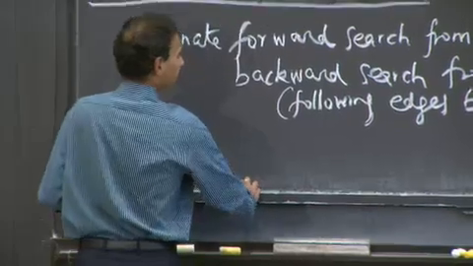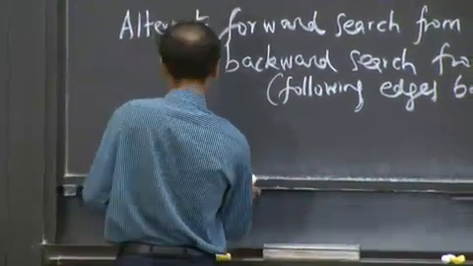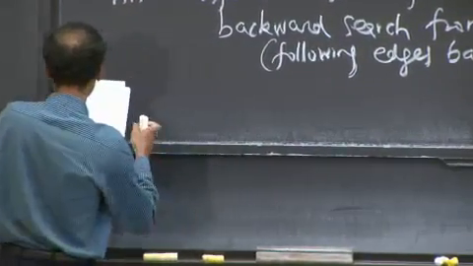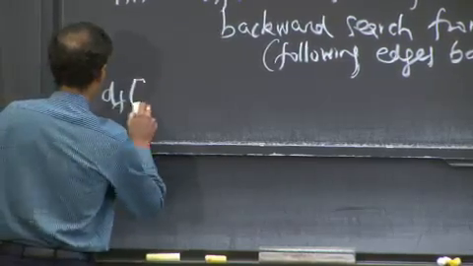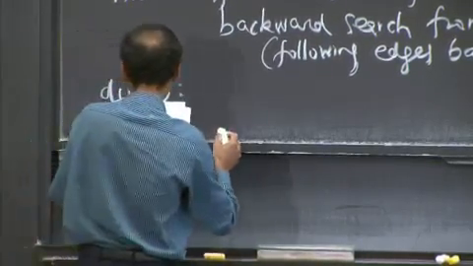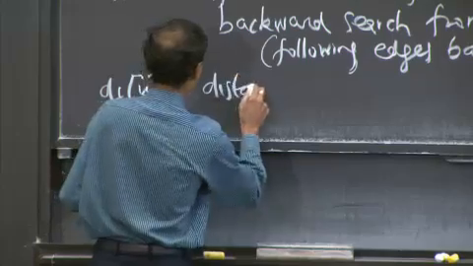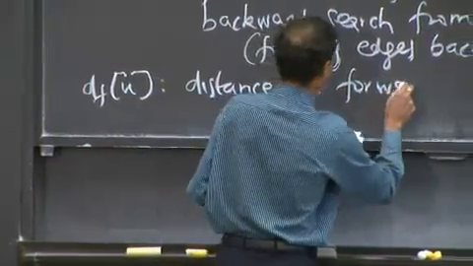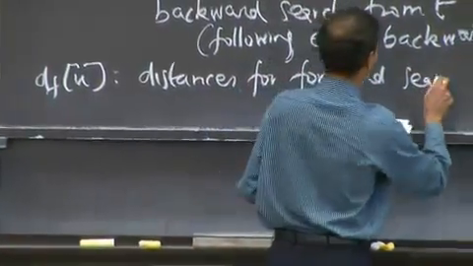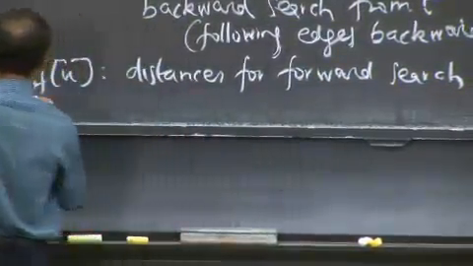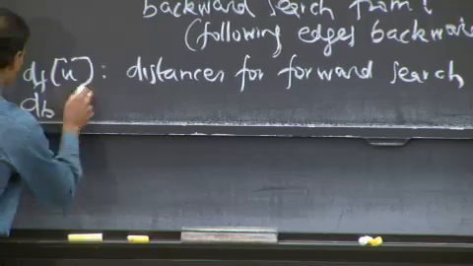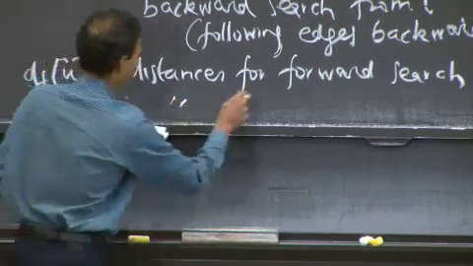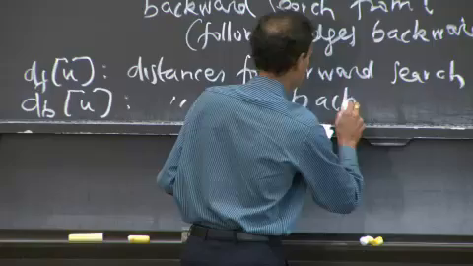So let me put down all of the specifics associated with these data structures. D_F of U corresponds to the distances for the forward search, and D_B of U corresponds to the distances for the backward search.